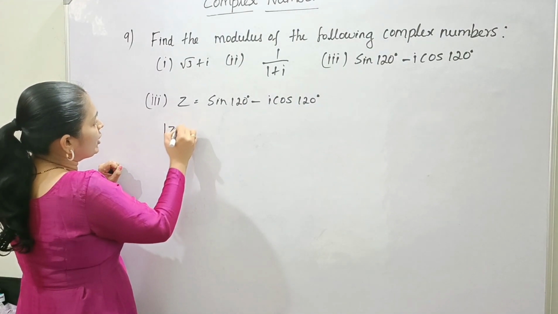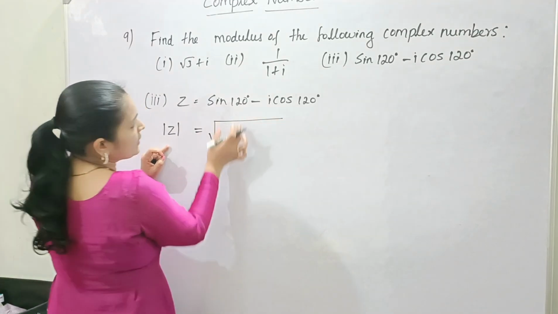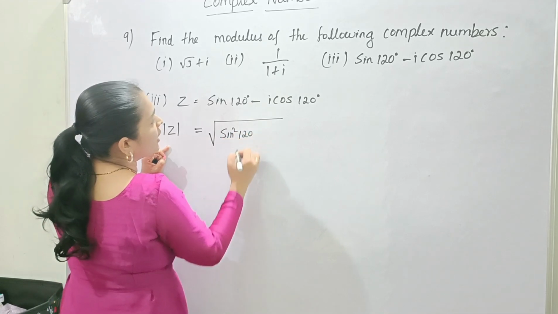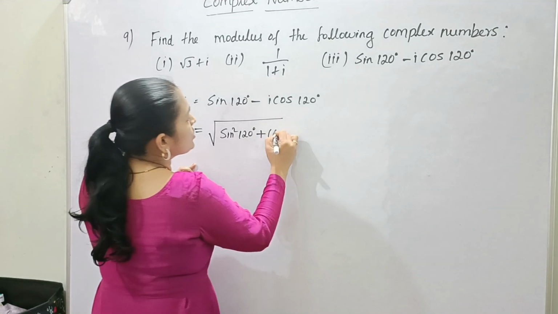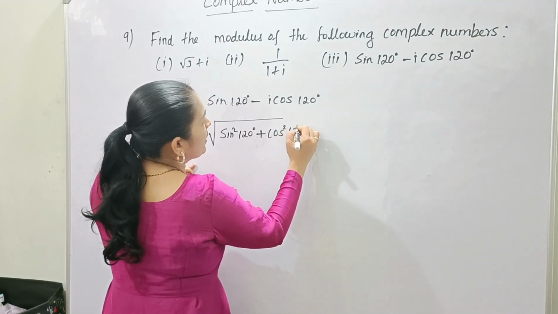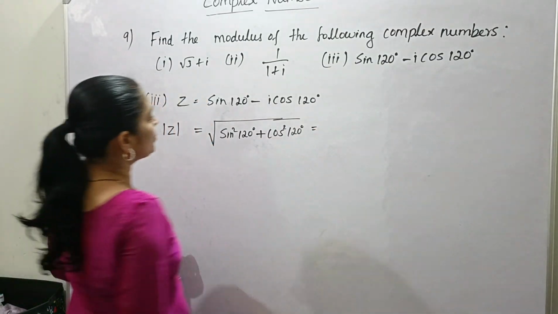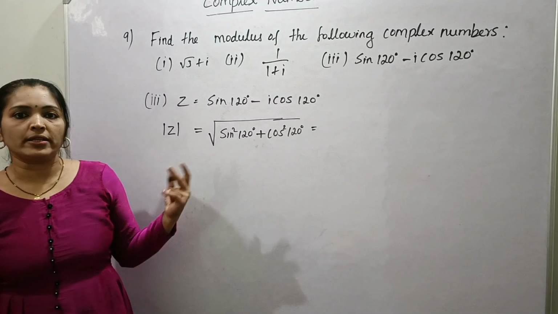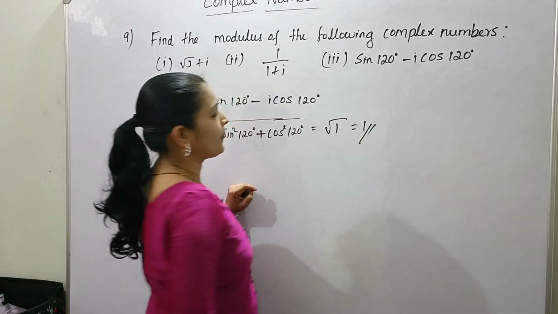So directly we can find modulus z, square root of a square, that is sin square 120 degree plus cos square 120 degree. That is equal to, see here we know that sin square A plus cos square A is equal to 1, right? So square root of 1, that is 1.